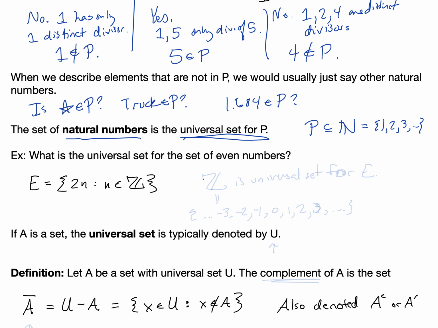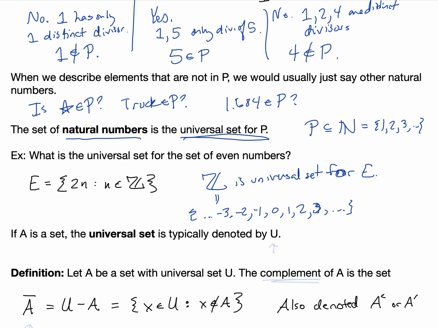And so Z is the universal set for the even numbers: the set of all integers, the positive and negative whole numbers, as well as 0. That would be our natural universal set for the even integers.